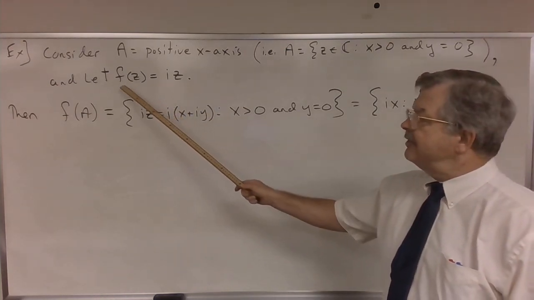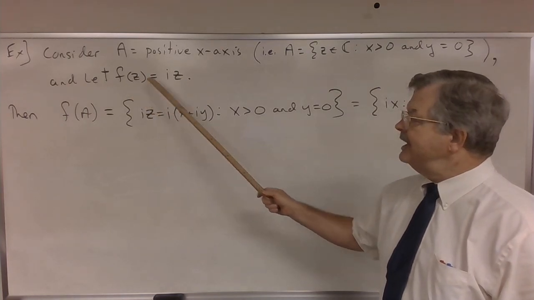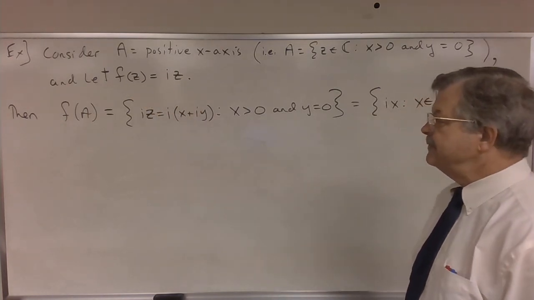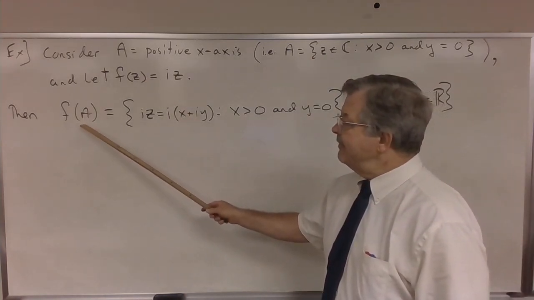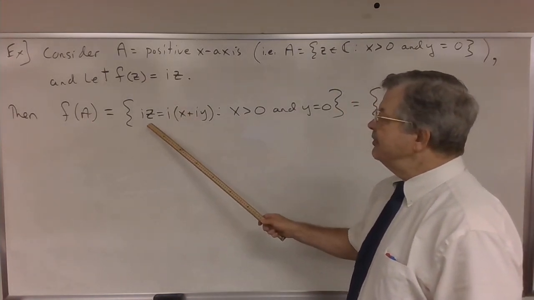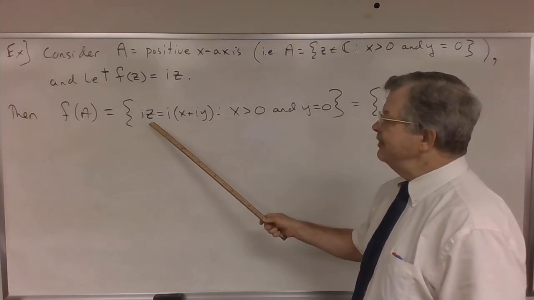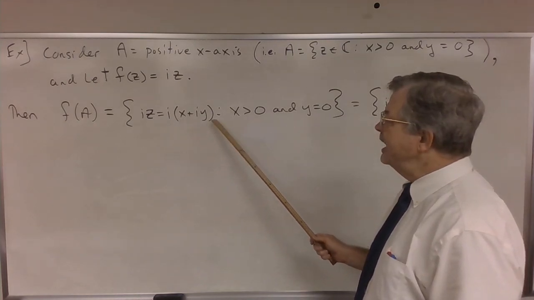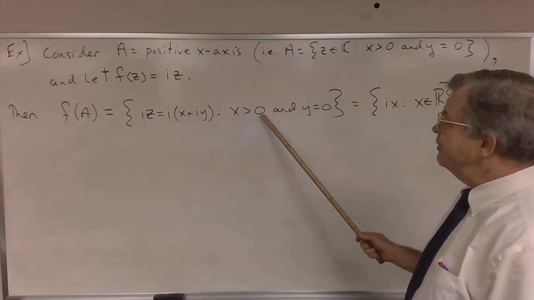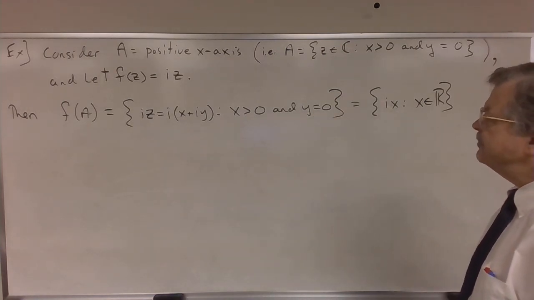And suppose that our function f of z is defined by f of z equals i times z. Then the image of A, f of A, is the set of all complex numbers i times z, or i times x plus iy, such that x is greater than 0 and y equals 0.